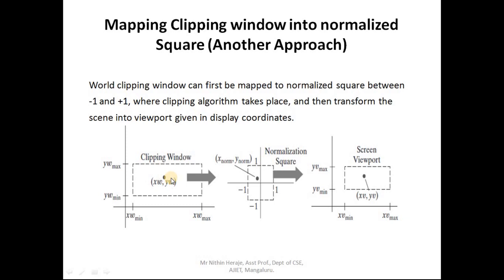Okay, so from here you will transform to a normalized window where it ranges from -1 to +1.